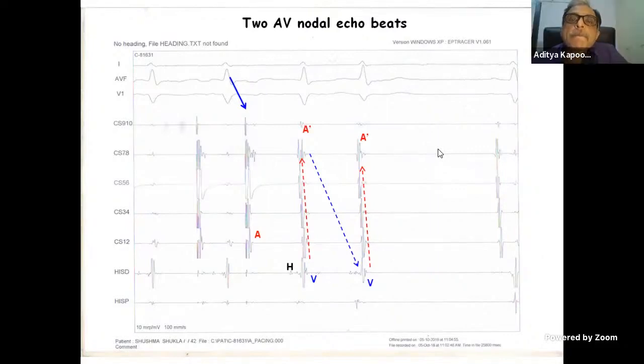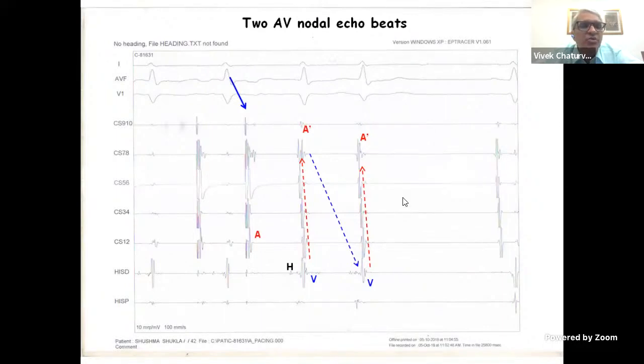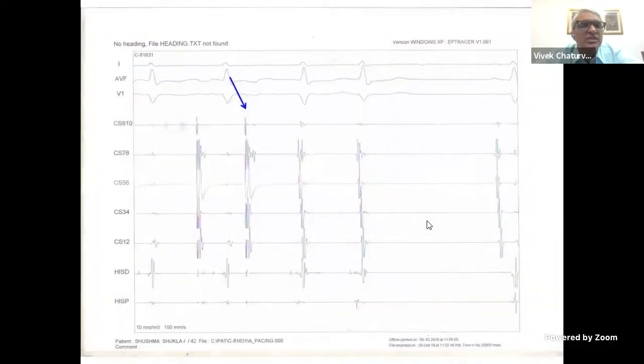Often I find that people get confused about whether the CS is showing V or A in the last two beats. The best way is to compare with the previous beat. See the first beat. Look at the size and the morphology of the ventricular signals in the first beat.